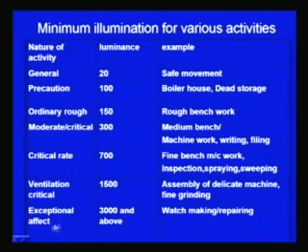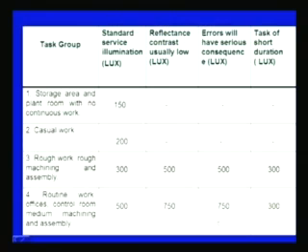For exceptional cases where extremely fine jobs are to be done, like watchmaking and repairing, 3000 units of light or above are required for carrying out the job efficiently.